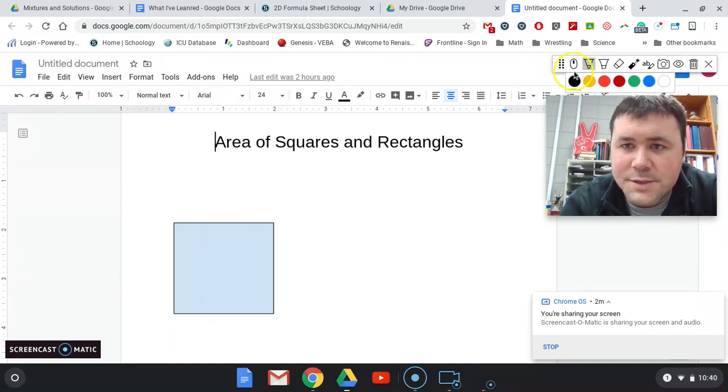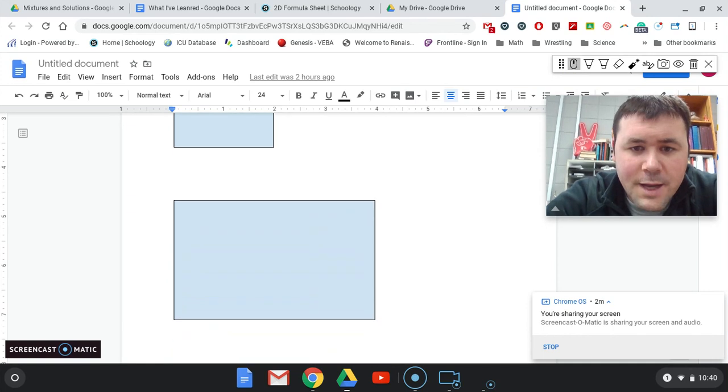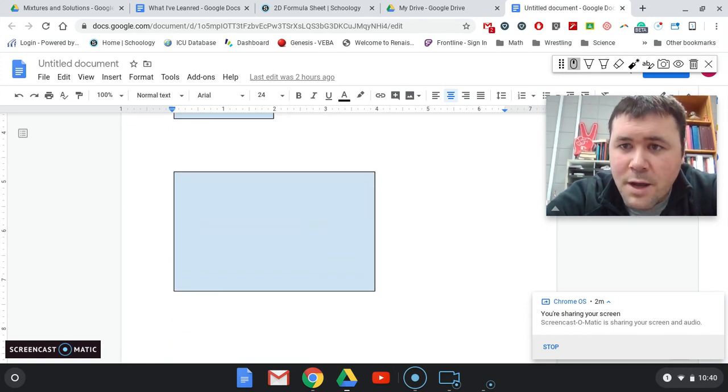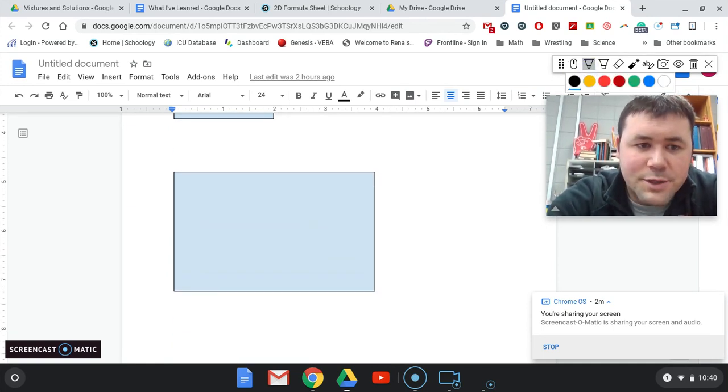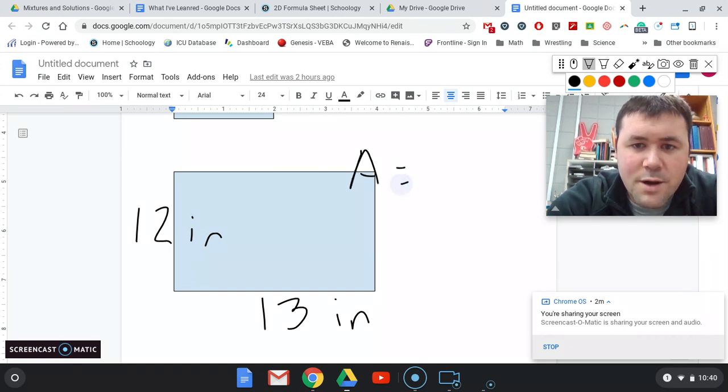All right, so again, this is a rectangle, which means the sides are different lengths. So if this side is 12 and this side is 13, we're going to go ahead and put inches here. Again, area of a rectangle and square is length times width.